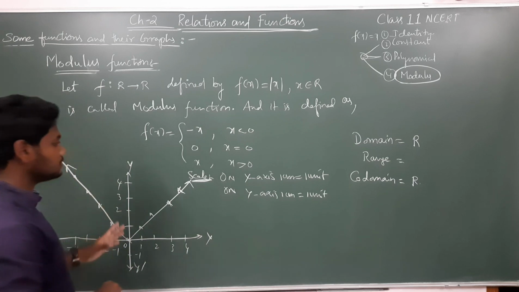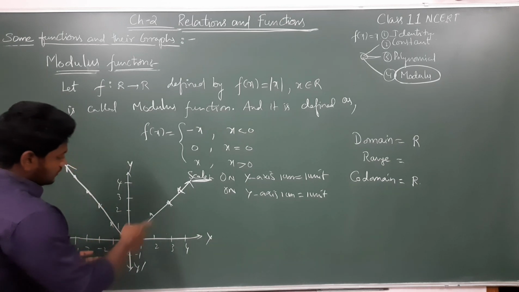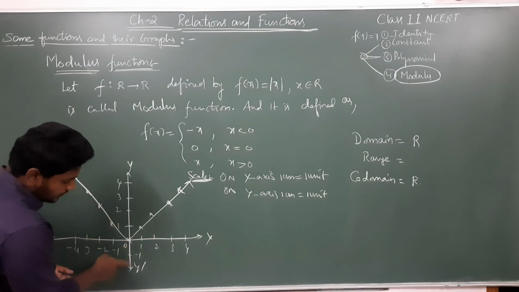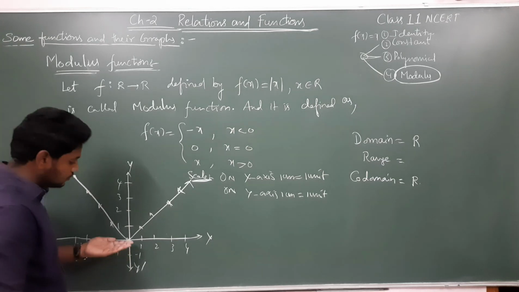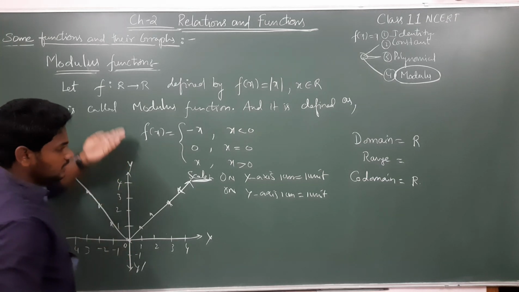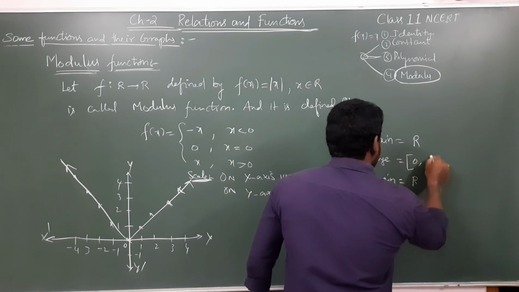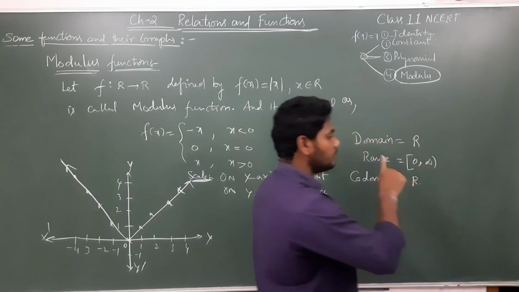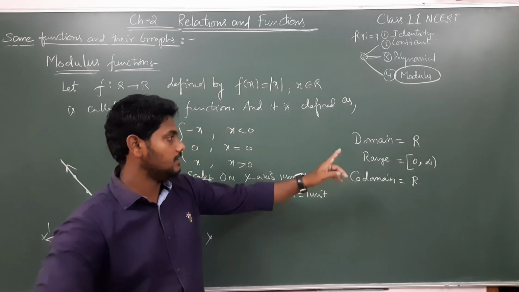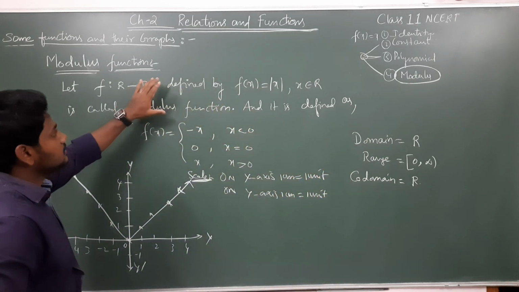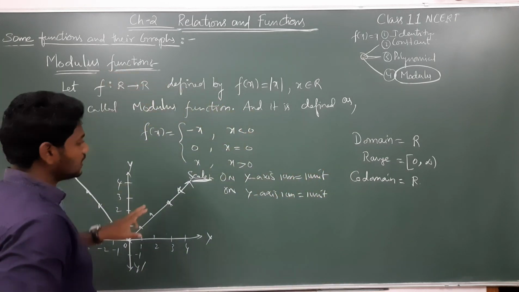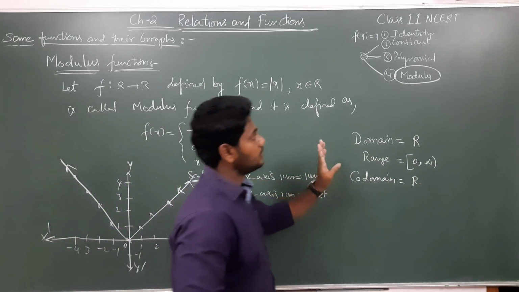For the range you need to observe the graph. Did this graph anywhere touch the negative y-axis? No. So always from 0 to infinity. The range of this function is 0 to infinity. 0 is a closed interval end, and for infinity it should be open. This is the statement of the modulus function, its graph, domain and range.